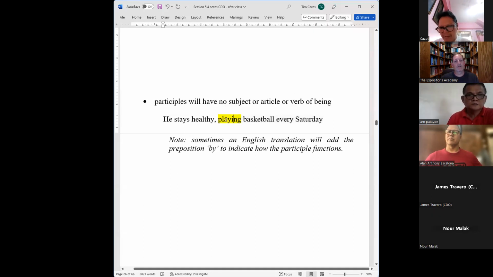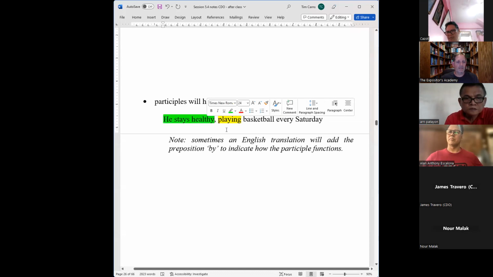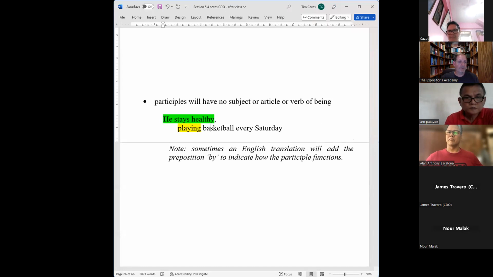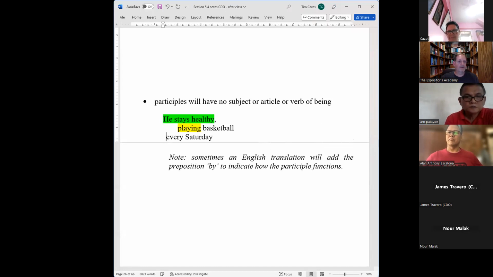There's no verb of being, there's no article, there's no subject. All right, he stays healthy. That's my independent clause. Playing basketball every Saturday is technically two phrases here, and it's modifying stays. How does he stay healthy? Playing basketball. When does he play? Every Saturday.